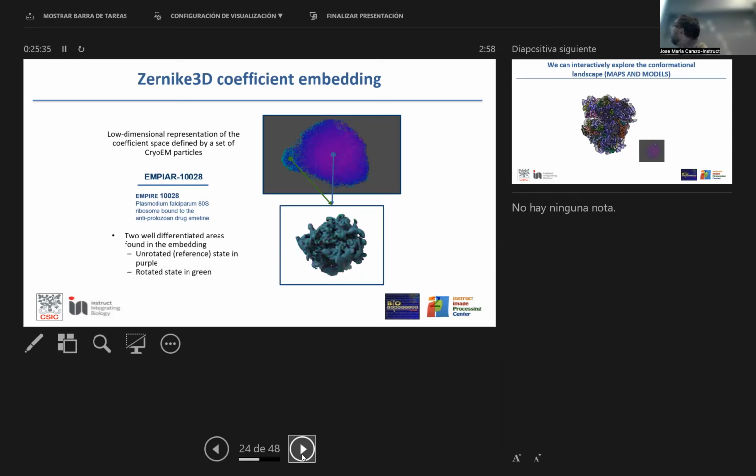And what we are projecting here is the vector of coefficients of the 3D polynomial. Essentially, we are trying to represent the variability that you have in your data set. And each of these points is then the average image plus a certain deformation field.